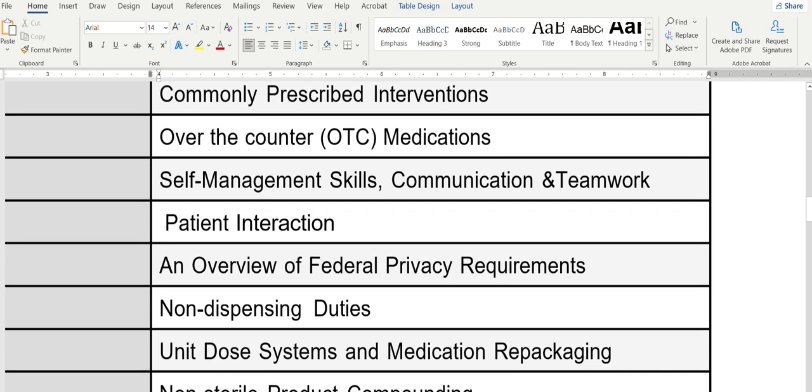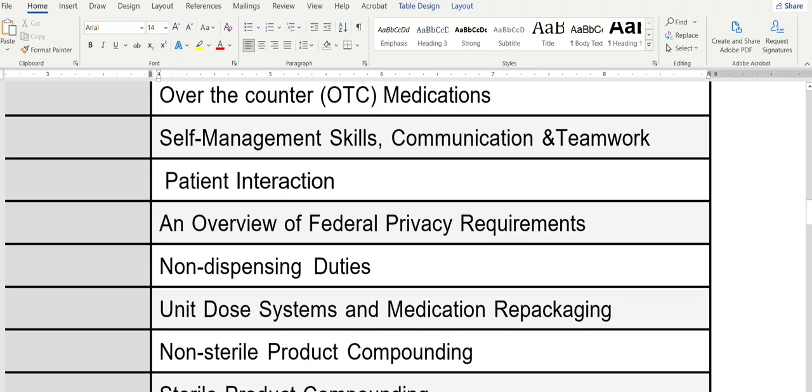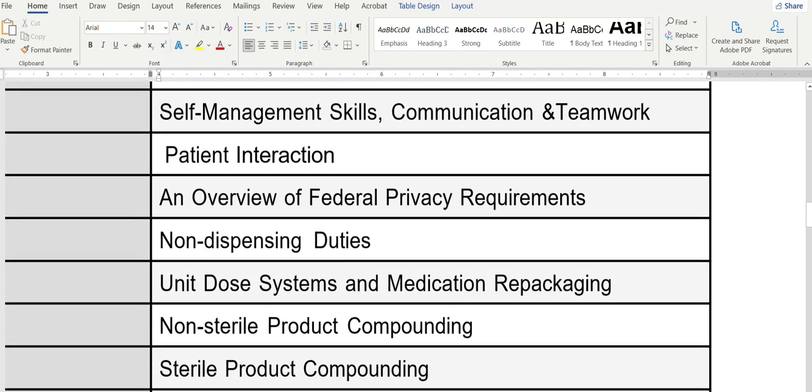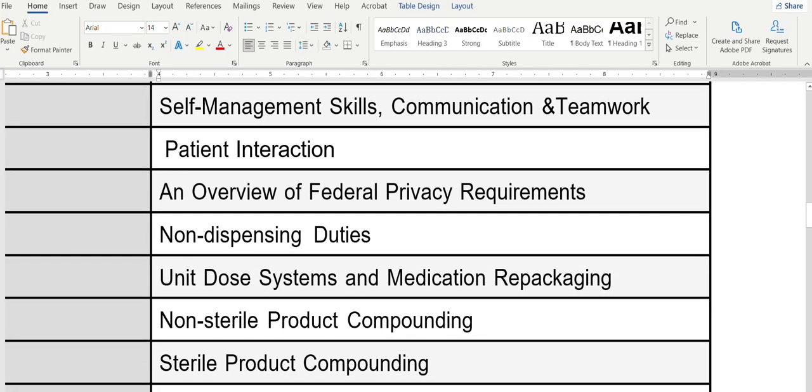We have patient interaction. We have an overview of federal privacy requirements. That is how you should be able to operate with a regulatory body. Non-dispensing duties.